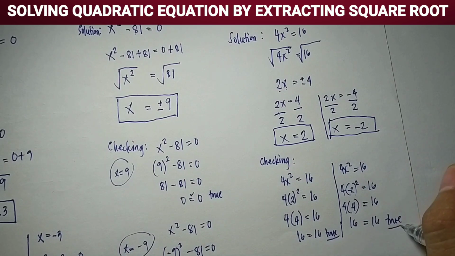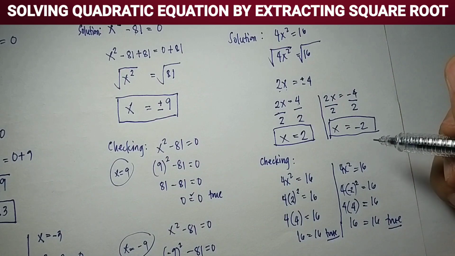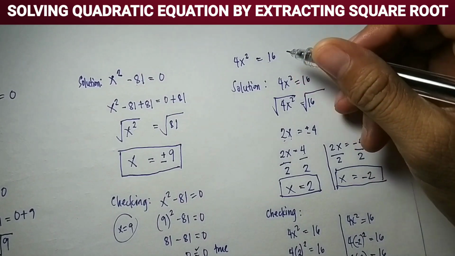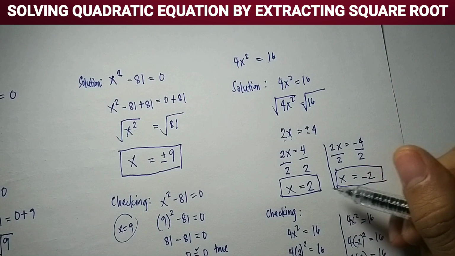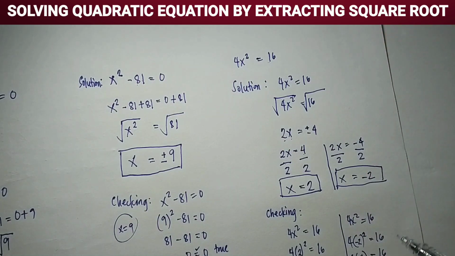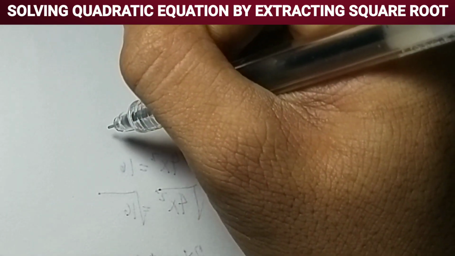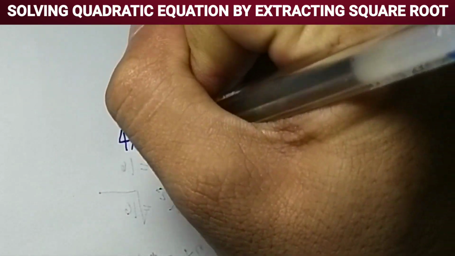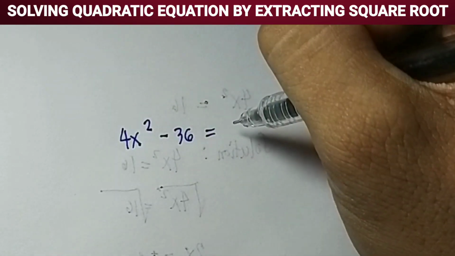So kay true man, meaning correct ang atong solution nga negative 2. So the roots of our quadratic equation 4x squared is equal to 16 are positive 2 and negative 2. So mao na ang atong roots sa atong quadratic equation. Roots, or in other words, solution.